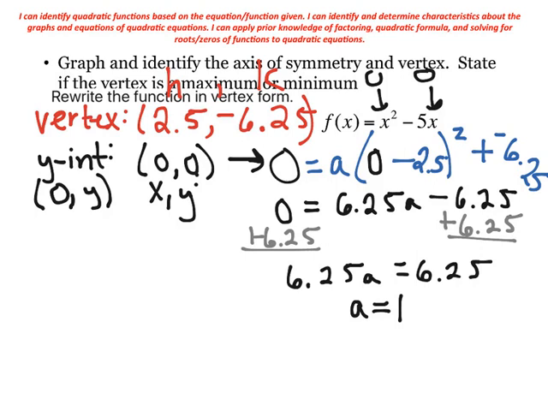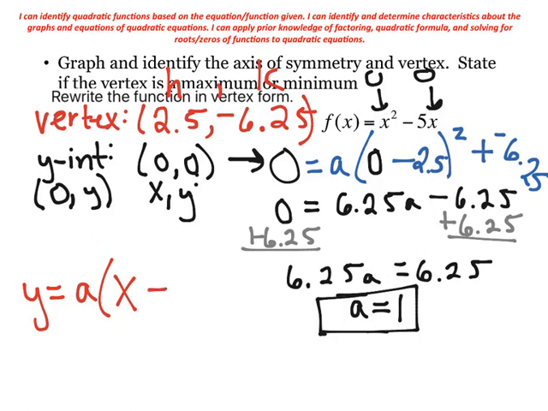When you simplify that down and solve for the a term, you should get very simply that a equals 1. And so now go back to your vertex form, which is y equals a parentheses x minus h squared plus k.